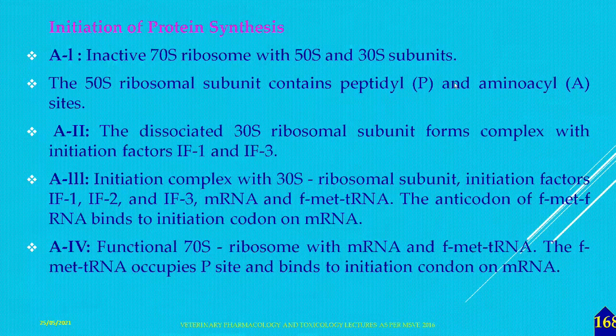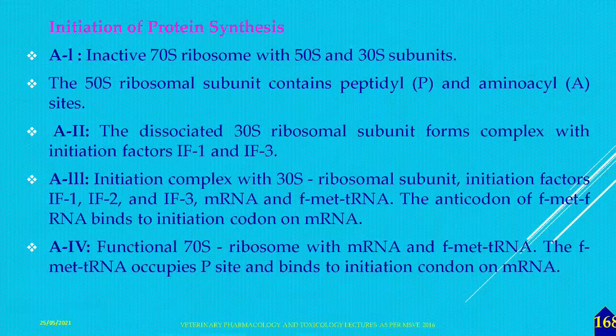P means peptidyl and the A site is the amino acid site. In A2, the dissociated 30S ribosomal subunit forms a complex with initiation factors IF1 and IF3. A3 is the initiation complex with the 30S ribosomal subunit, initiation factors IF1, IF2, and IF3, then mRNA and FMET tRNA. FMET tRNA means formyl methionine transfer RNA.